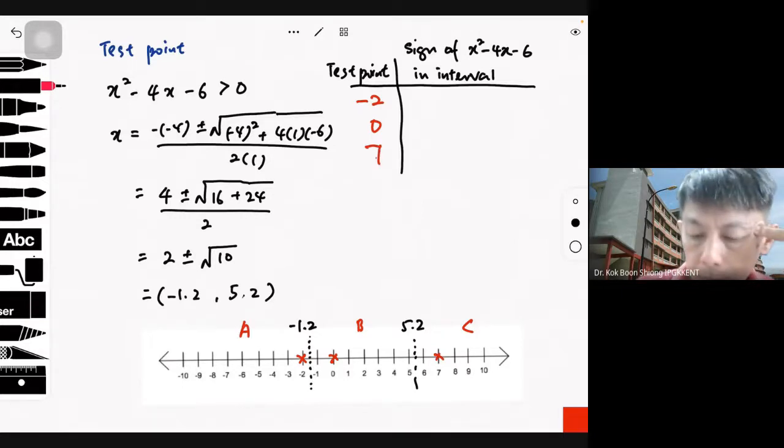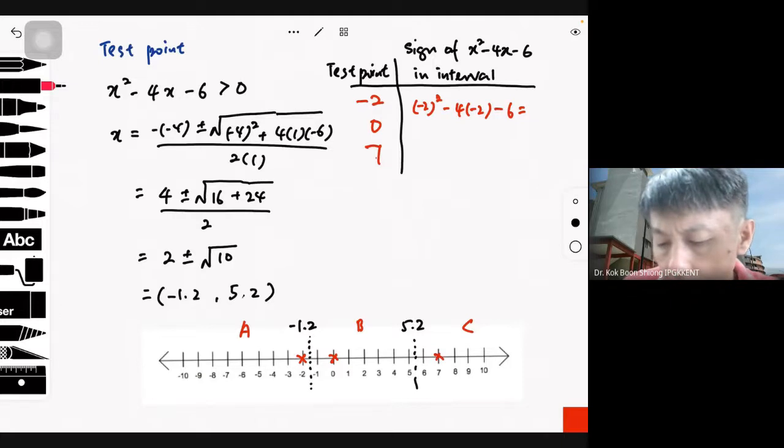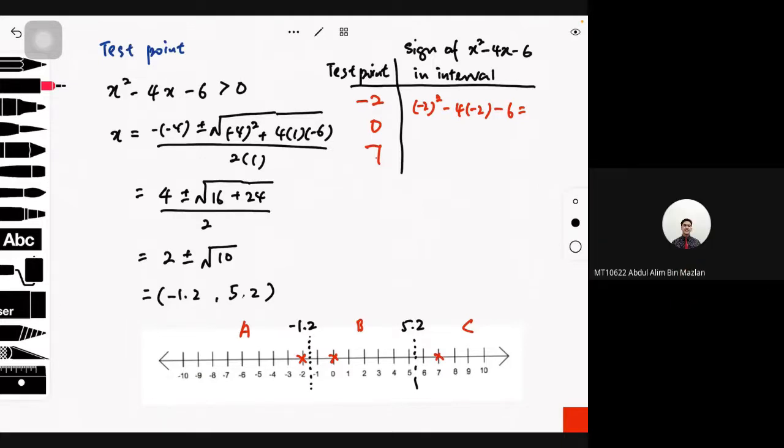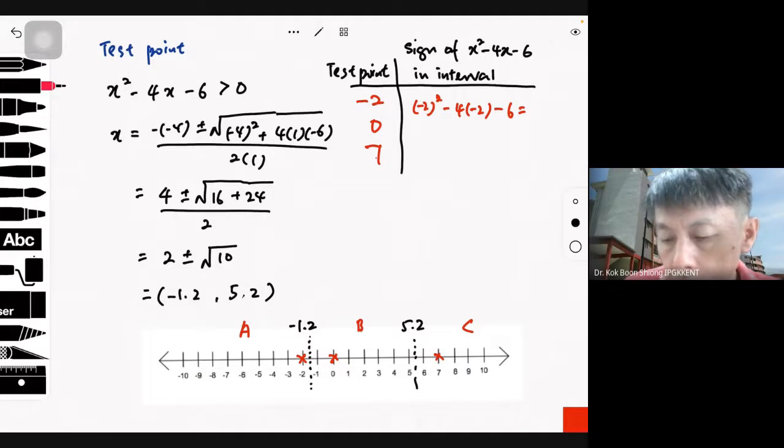We substitute negative 2 into the quadratic expression. This equals 4 plus 8, 12, minus 6 is 6.